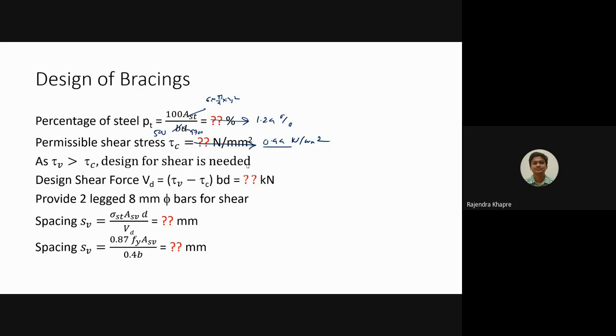Okay, so design of shear is, once again, very simple. So the tau v value is 0.46, this is 0.44, into b into d. So b value is 0.5 and the depth value is 0.464. How much is the design shear Vd?